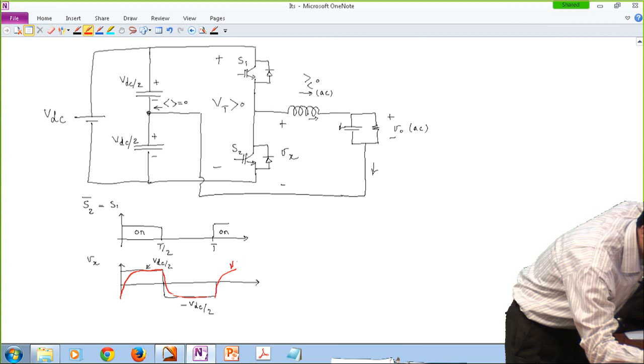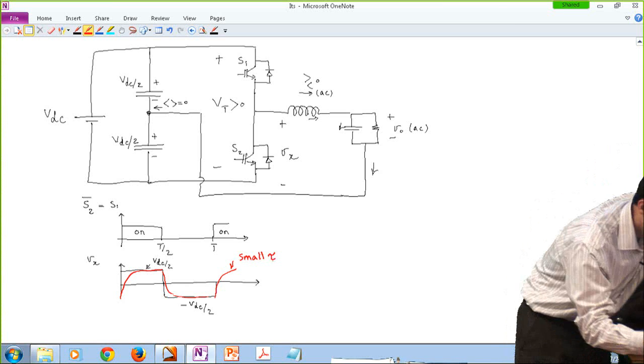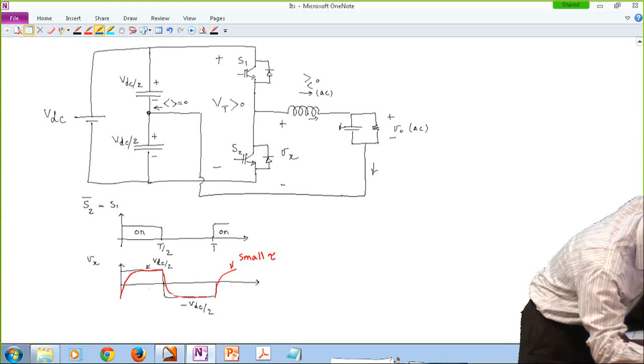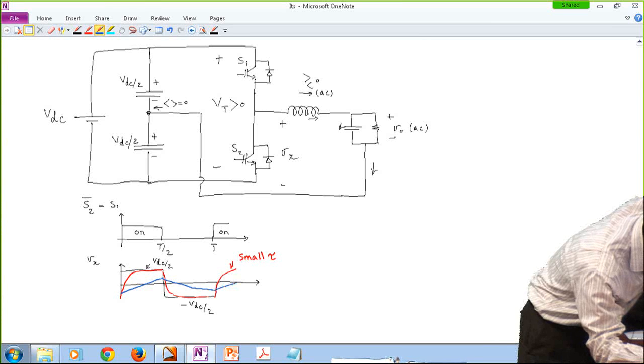Okay, this is small. Your time constant is small. If your time constant is large, then you are going to see almost a triangular waveform.